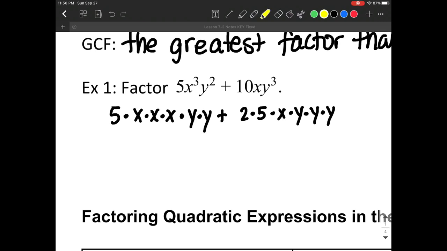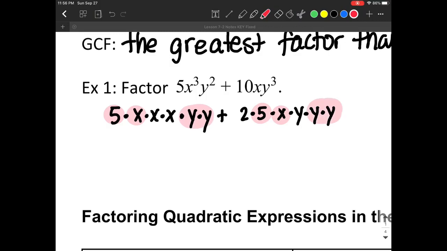Now I want to look for what these have in common. That's what the C stands for. So I'm going to look at what's similar. What factors do they share? In the first term, I have a 5. In the second term, I have a 5. They share a 5 in common. The first term and second term also share an x in common.